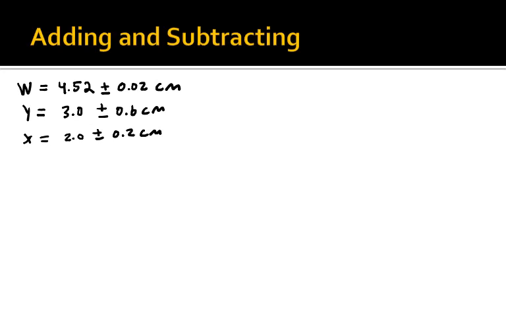So we have three values, and let's say that this is what we want to do with it. Let's say z is the value that we want, and we're going to take x, add it to y, and subtract w. Okay, so when we add or subtract, we basically add the uncertainties together.